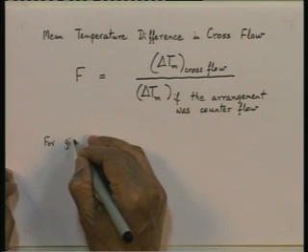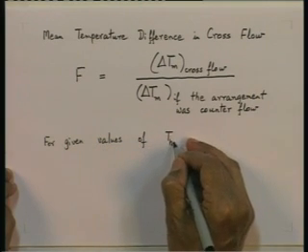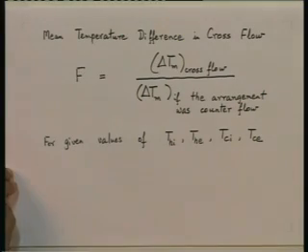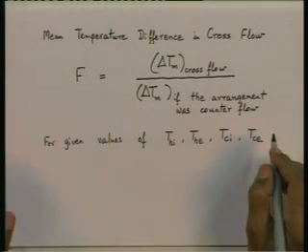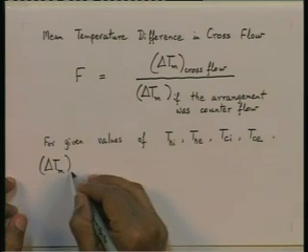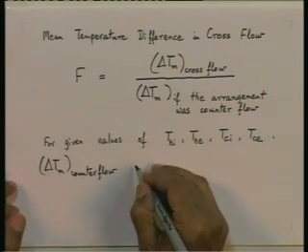For given values of Thi, The, Tci and Tce, that is, given values of the inlet and outlet temperatures on the hot side and cold side, the delta Tm in counter flow is the highest.